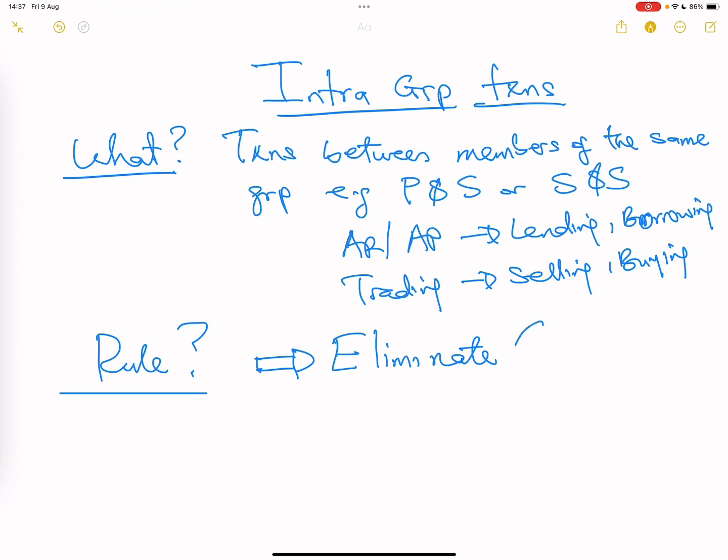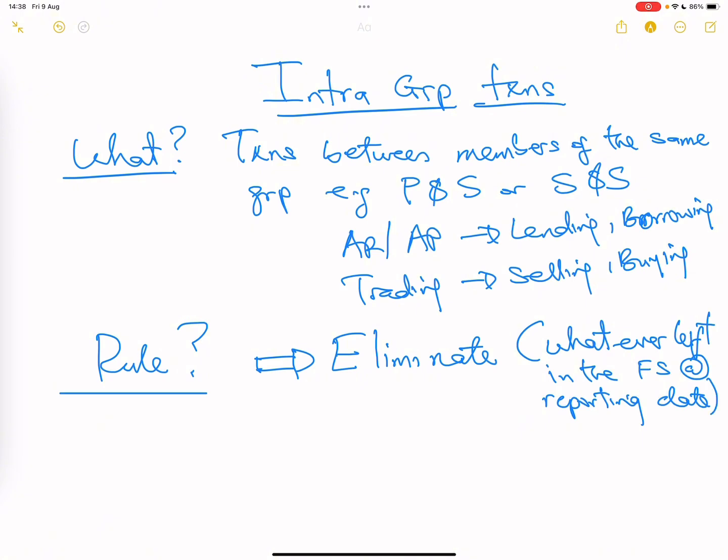You are eliminating whatever is left in the financial statement at the reporting date. That's the rule. Eliminate it.